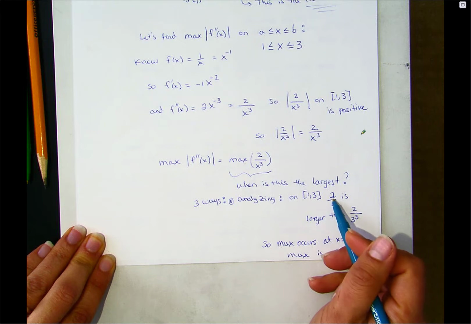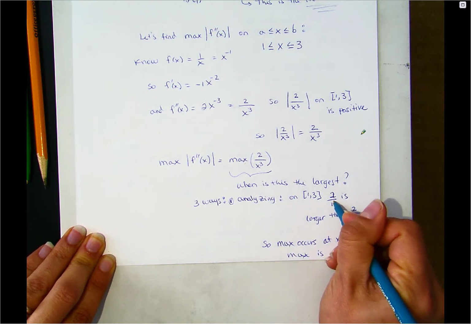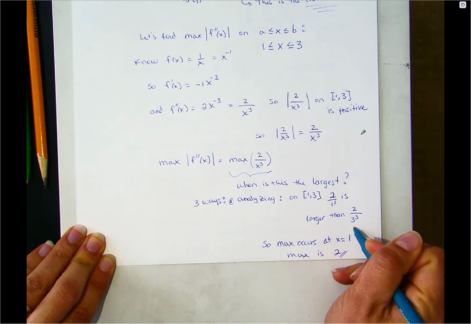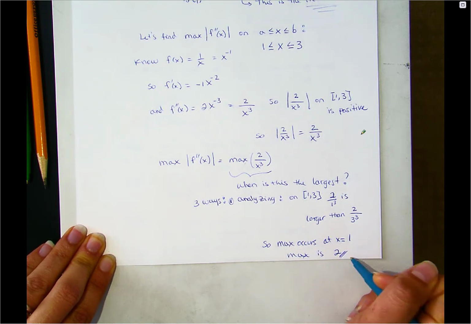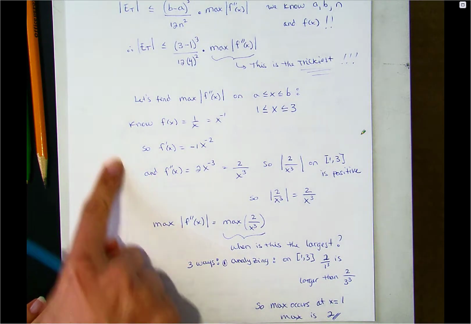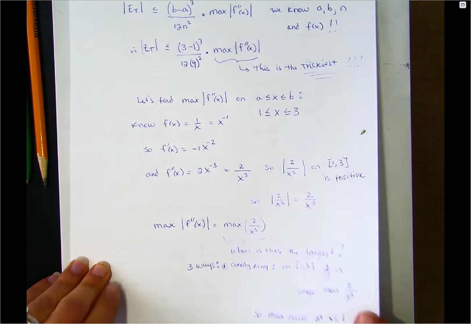Remember, our function is 2 over x cubed. So 2 over 1 cubed is larger than 2 over 3 cubed. 2 is larger than 2 27ths. So the maximum occurs at 1, and the maximum is 2. So now that I know the maximum is 2, we can go back to this formula and put it in there. But I'm going to show you the other 2 ways.